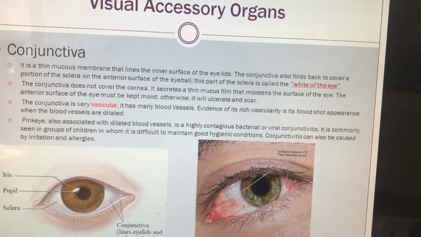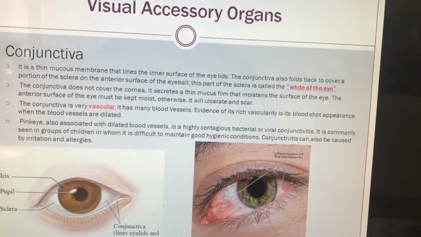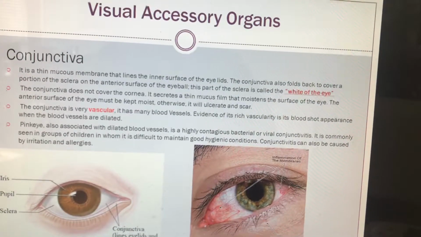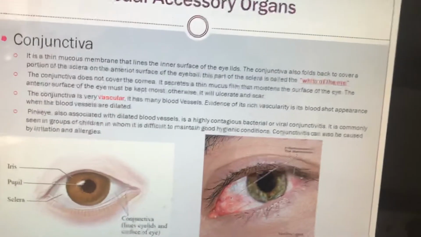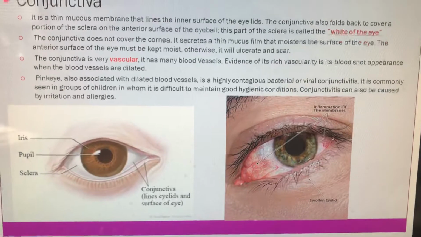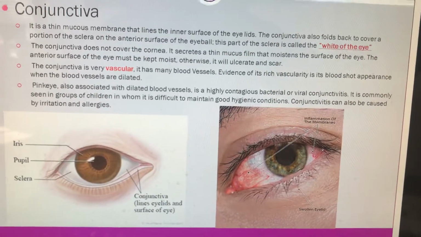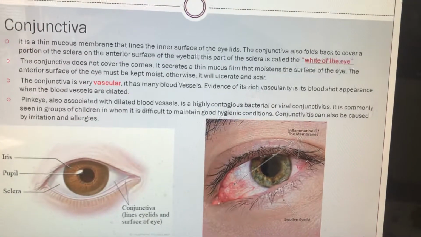It secretes a thin mucous film that moistens the surface of the eye. The anterior surface of the eye must be kept moist, otherwise it will ulcerate and scar. The conjunctiva is very vascular.